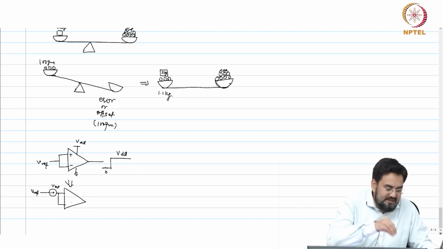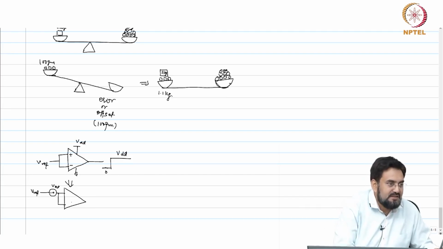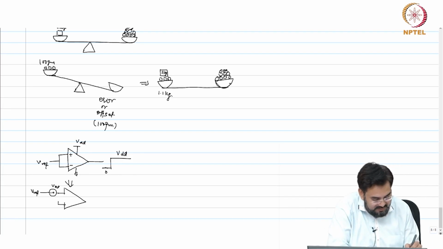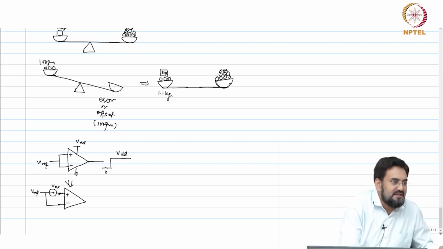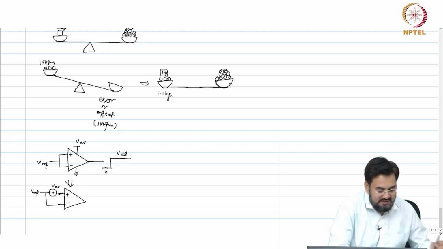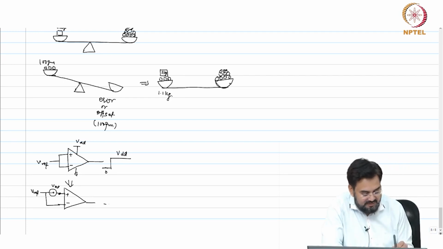If you look at it internally, this is what is happening inside: this is saying Vref, but plus is saying Vref plus VOS, and that's why it is going high.